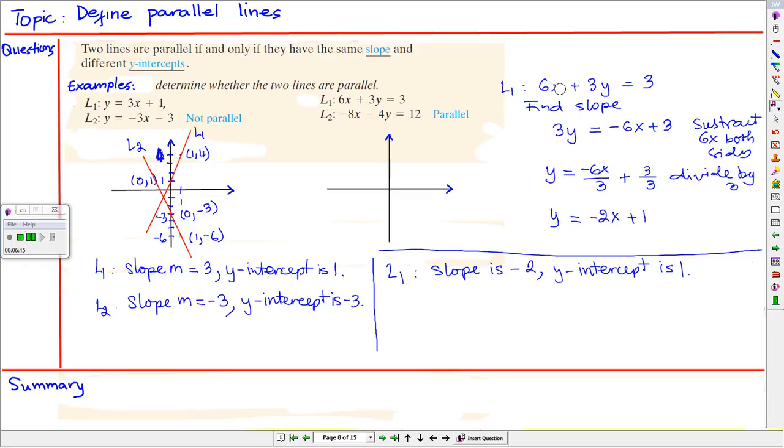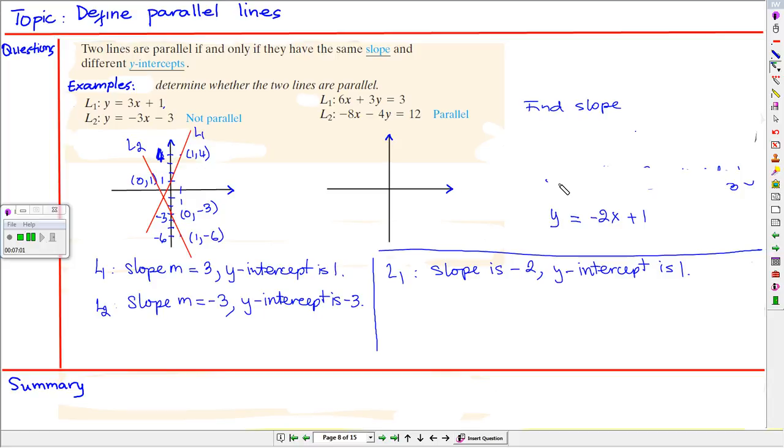For line 2, I'm going to go back and erase what we have here. For line 2, we have the equation negative 6x minus 4y equals 12.